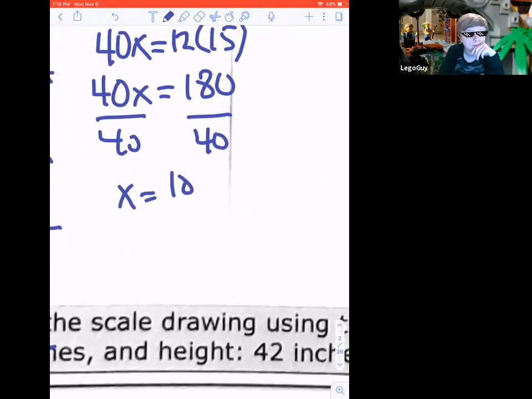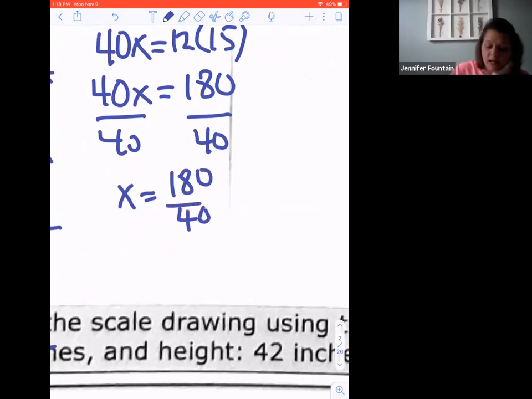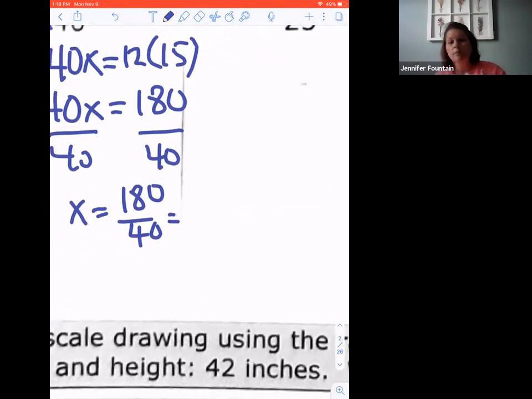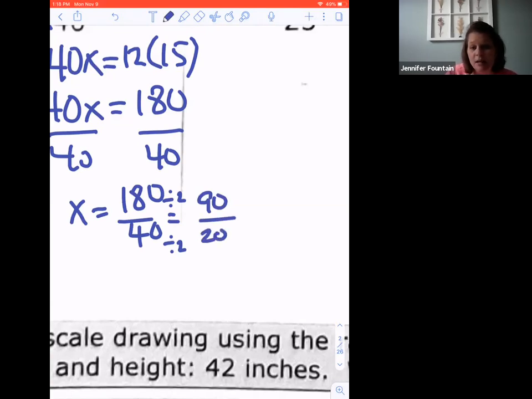180 over 40. And remember, this is where I look to see how I can reduce. I always want it to be in simplest form. Remember, if you can't figure out the best number to divide by, you can always start with 2. They're both even, so I can divide by 2. So half of 180 is 90, half of 40 is 20. Now I can see that I can divide by 10, divide by 10, divide by 10.